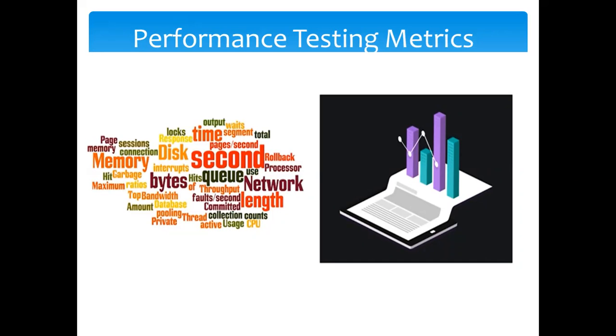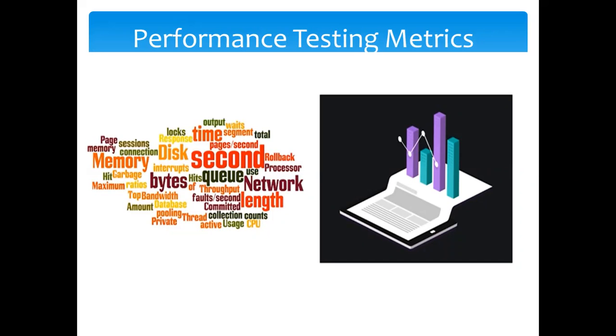And throughput, a word I have used multiple times in earlier slides, means the rate at which a computer or a network receives requests per second. Per second, how many requests a computer is getting. That is called throughput.